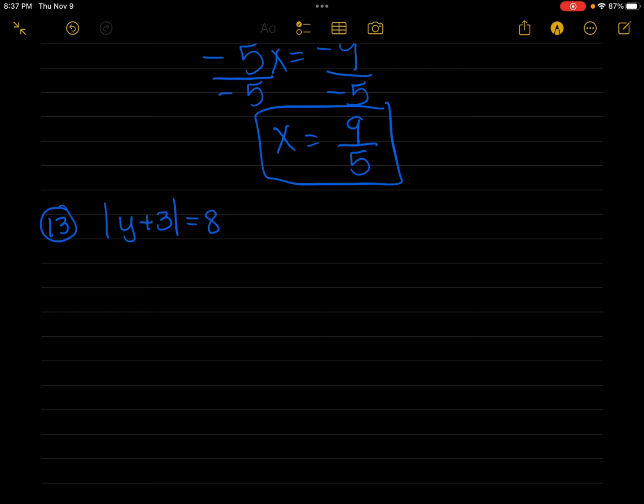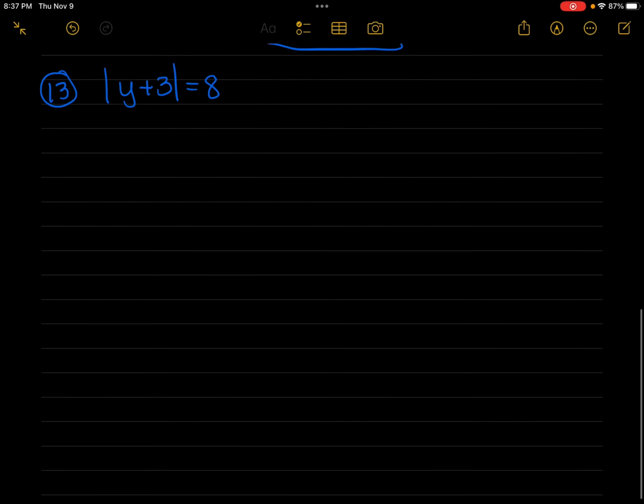So we talked about this in class. I don't want to have these examples take too long, so I'm not going over every single thing. But remember, whatever is in here, because it has absolute value, it will always turn out to be positive, like positive 8. But I can make this equal a negative 8 also, and I would still end up getting a positive 8 because it's absolute value.